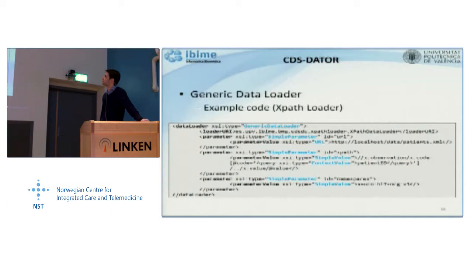You don't need to define the mapping with its patient ID for each patient that you want. If the clinical decision support system has a patient ID, it's going to be loaded here and put dynamically in the simple value query. And also, the namespace is only to avoid disambiguation in the XML query. Next, please.